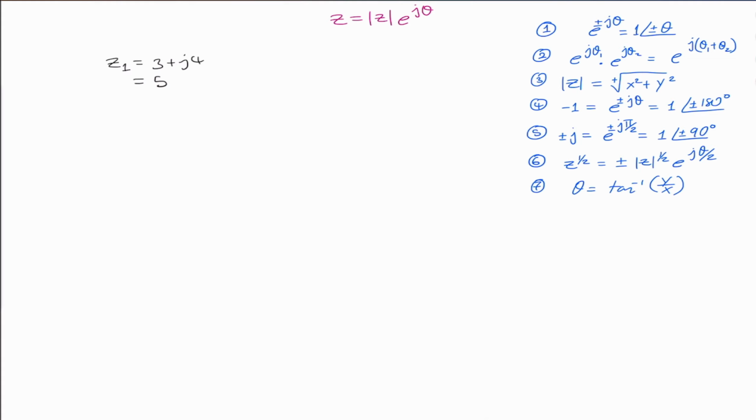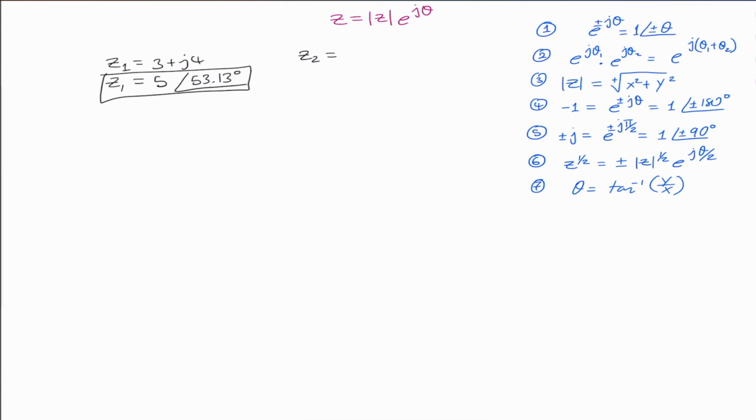So now we take the angle, and that's the inverse tangent of 4 divided by 3, and that is equal to 53.13 degrees. Here we have z1.